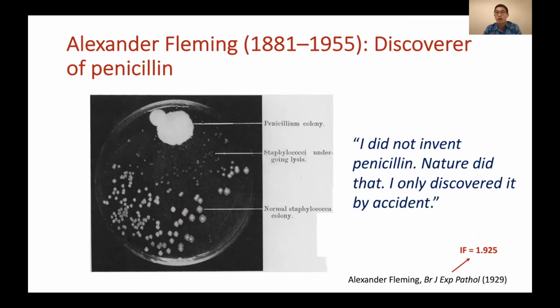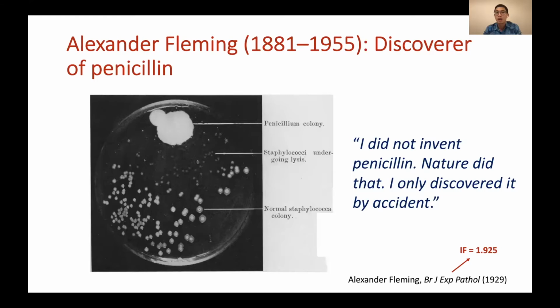Then he took a vacation. After his vacation, he looked at the plate on the bench and said, oh, wait a minute, and saw a huge colony. Later on, he characterized it and found that this was a Penicillium colony that produced penicillin against Staphylococcus species.